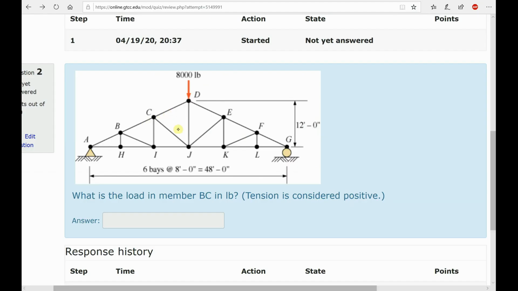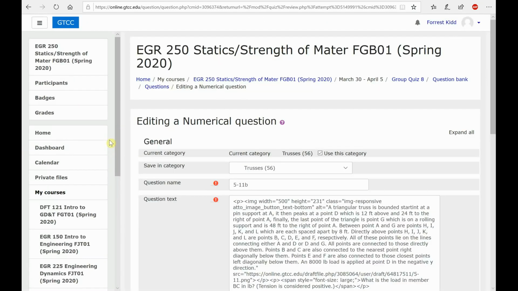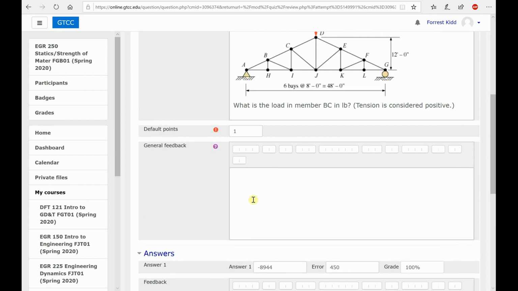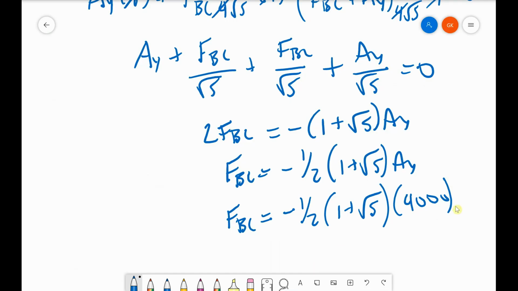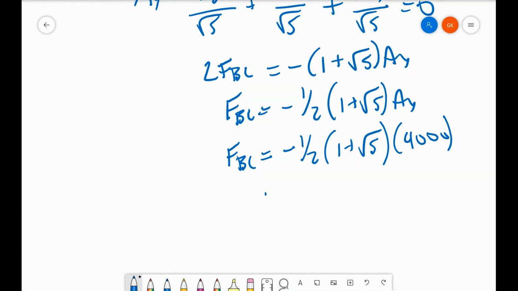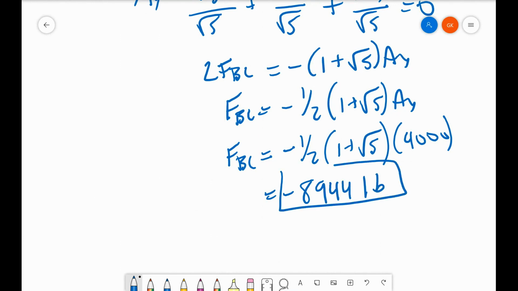If I plug that in my calculator, let me see. It should come out to be negative 8,944 pounds. Now the fact that it's negative means that it's in compression.